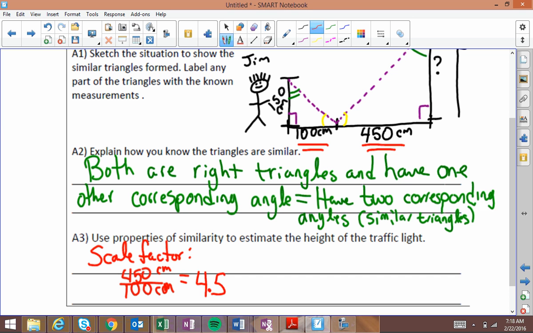So now that I know that, I'm going to find the height of the traffic light. I'm going to take Jim's height, because that's the corresponding side to the side I'm missing, multiply it by my scale factor, and this will give me the height of the light.